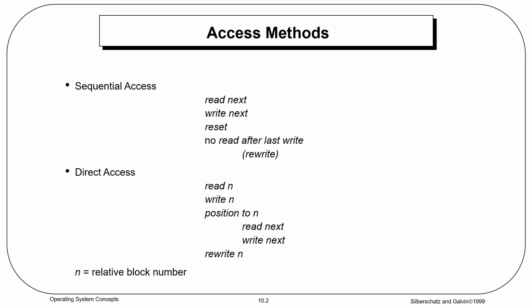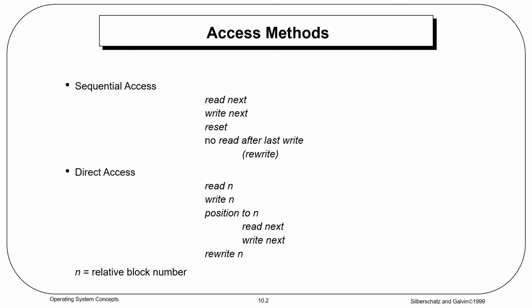Reads and writes make up the bulk of the operations on a file. A read operation, read next, reads the next portion of the file and automatically advances a file pointer, which tracks the input-output location.